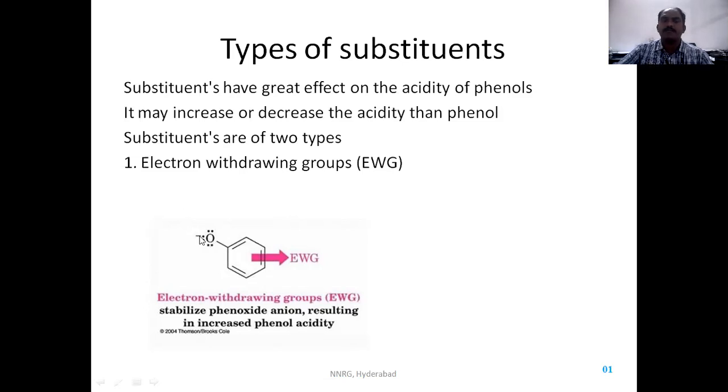This happens because of the electron withdrawing effect of the aromatic nucleus. Because the bond is weak, the hydrogen goes out, forming a stable ion, that is phenoxide ion. We studied in the last class that phenoxide ion is more stable than phenol.